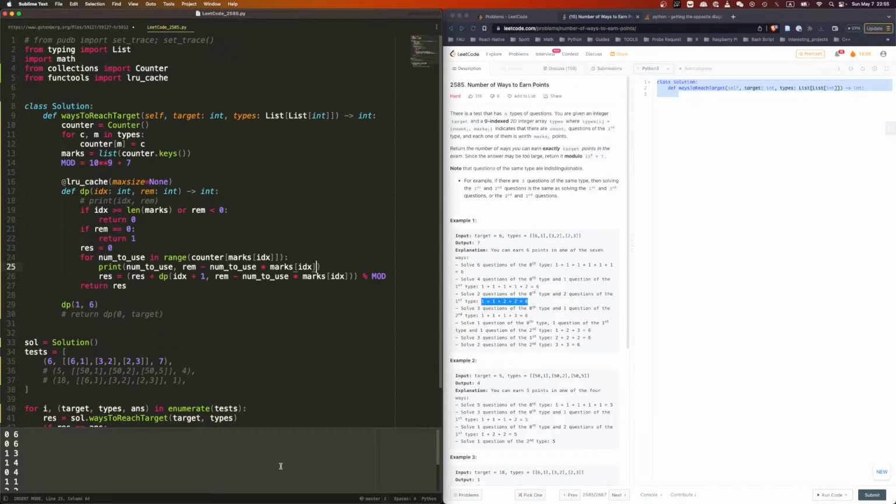Num to use 1. Okay, let me also do num to marks. I want to know the current marks as well. Right, so this is the current mark. I want markers 2, 1 to use. Markers 2, 2 to use. Oh, we never go to 3. Holy crap.